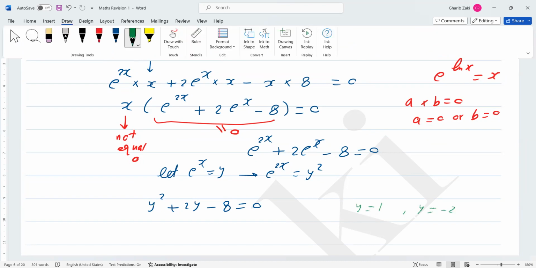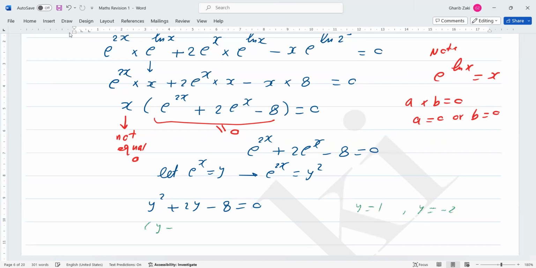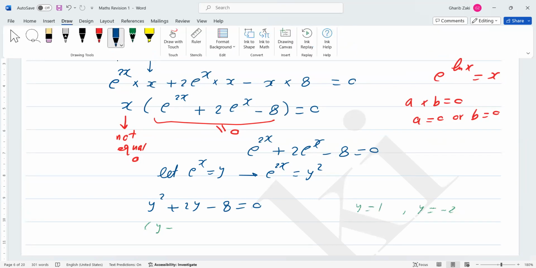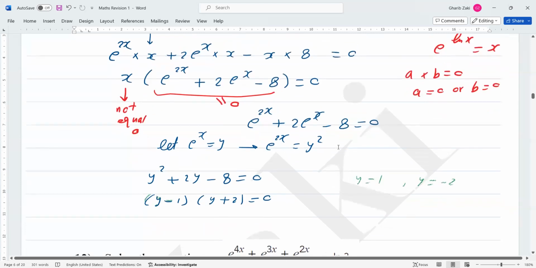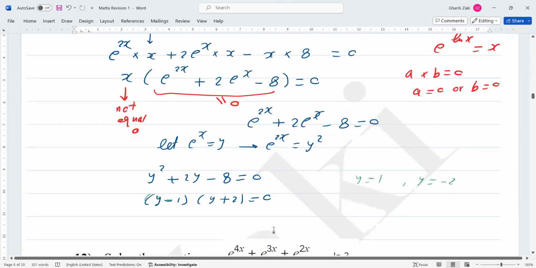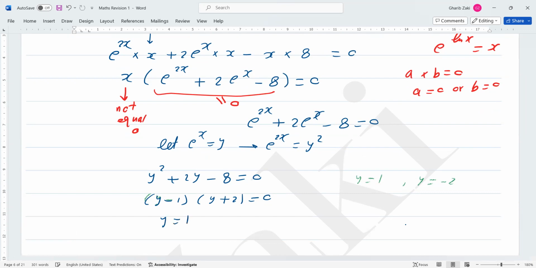Then the factorization is y minus 1, y plus 2 equals 0. Can you see what I did? Then y equals 1 or y equals negative 2.